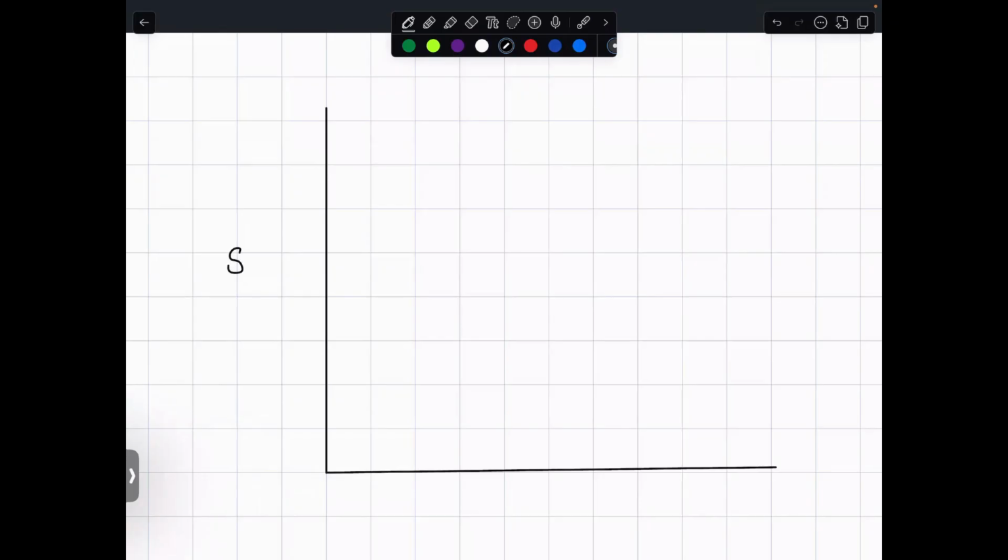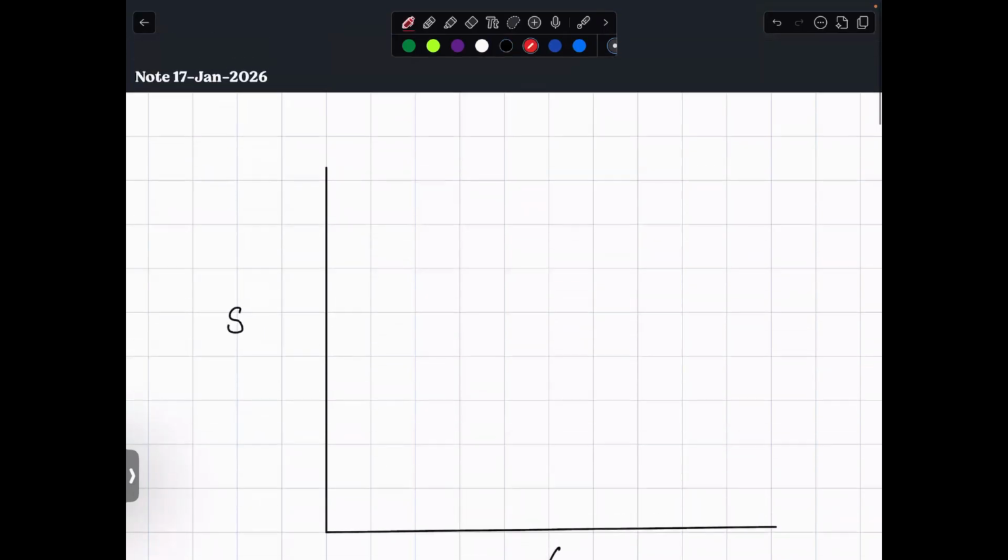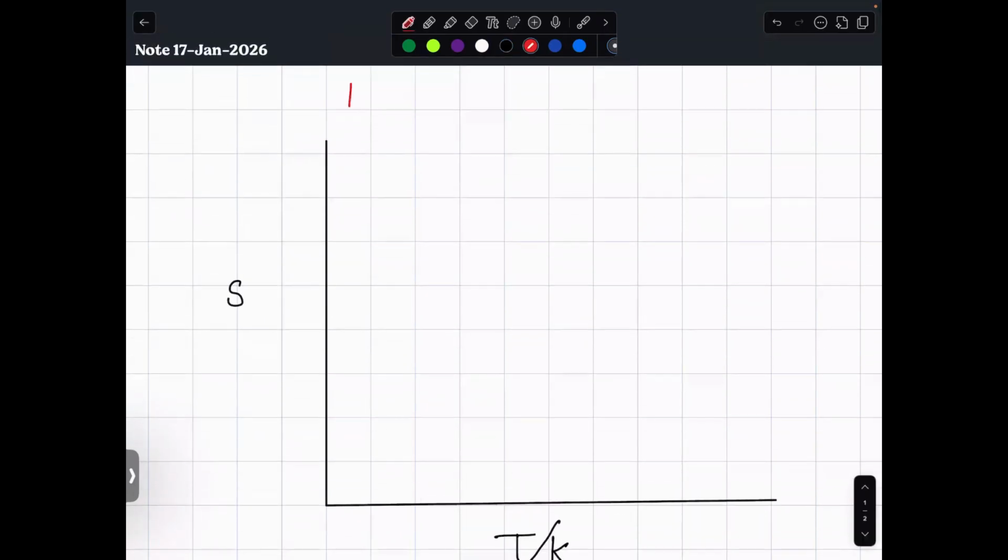Suppose this is entropy, and this is temperature on the Kelvin scale. Now, suppose I have H2O. H2O is solid at 0 Kelvin, right?